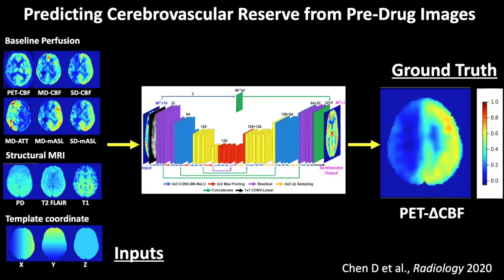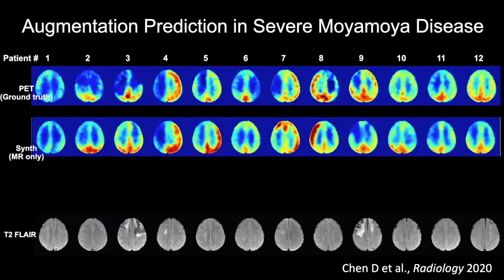This is the work of David Chen, who was a visiting student with us recently. And some of the examples here are in patients with severe moya-moya disease, a disease where you have occlusion and stenosis of the vessels leading to the brain. So you often have very severe abnormalities in terms of augmentation. And these are actually the 12 worst cases we've had.